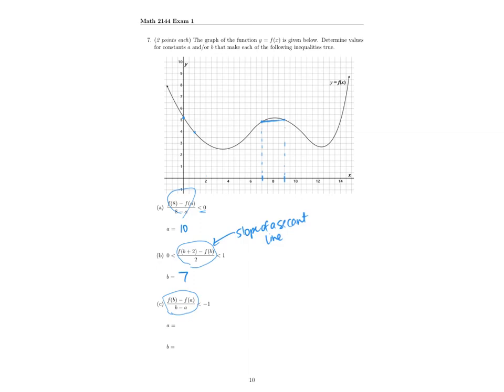So let's do f(1) minus f(0) over 1 minus 0. Okay, so f(1) is like, sorry, I have it backwards. That's f(0). f(1) is about 4, maybe 3.9, I don't know. f(0) is about 5.2, over 1 minus 0.